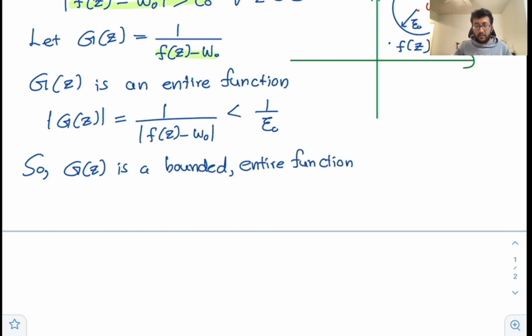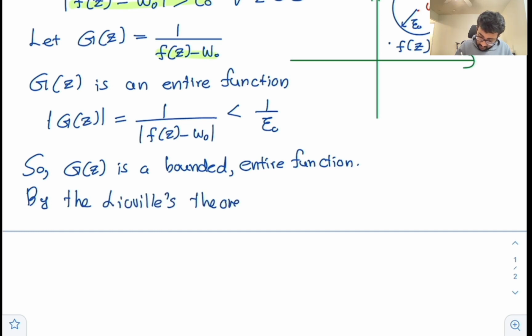Okay, right. So now I can apply Liouville's theorem. Liouville's theorem states that if we have an entire function which is bounded, then it should be a constant function, right? So by Liouville's theorem, G(z) is going to be a constant function.